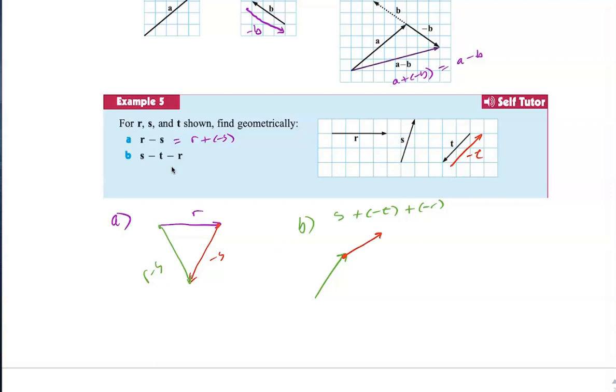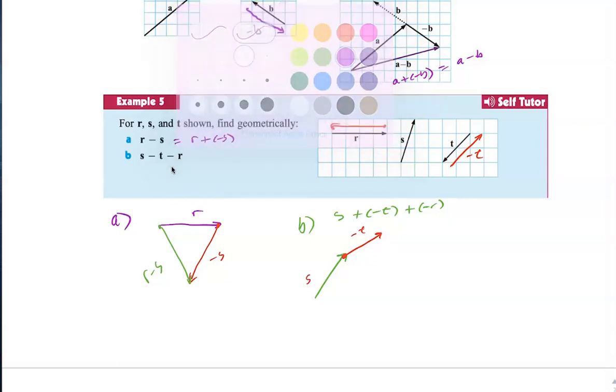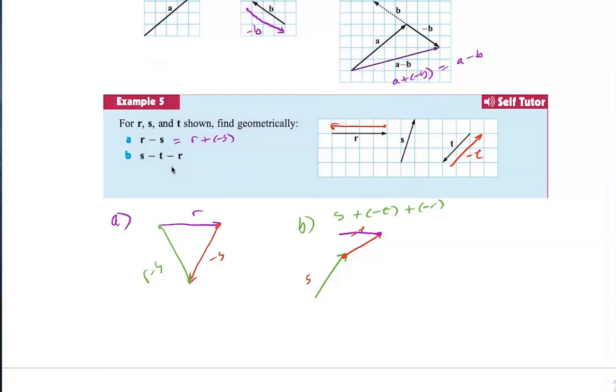Oh, that's not the best negative T. And then negative R, so go in the opposite direction. So start here and go this way, roughly. And then from where you started to where you ended, that line right there is roughly, very rough, S minus T minus R. So that's how you subtract vectors: just add the negative.